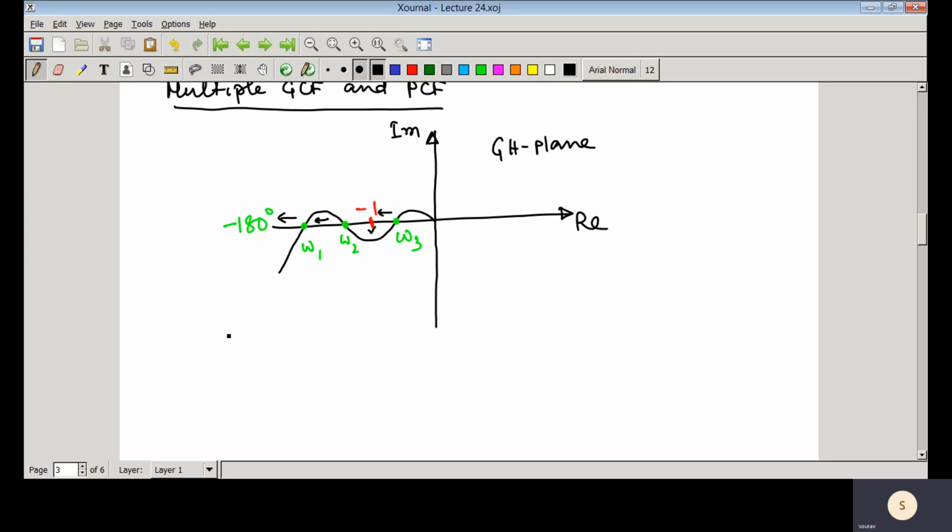Then again, let us see if we start decreasing the gain. If we start decreasing the gain, all those points will be moving towards the right. So at a particular value of gain, you will see that this particular point would come to the critical point. And if we decrease the gain again, this particular point will cross the critical point. Whenever this one crosses the critical point, again the number of encirclements will change.